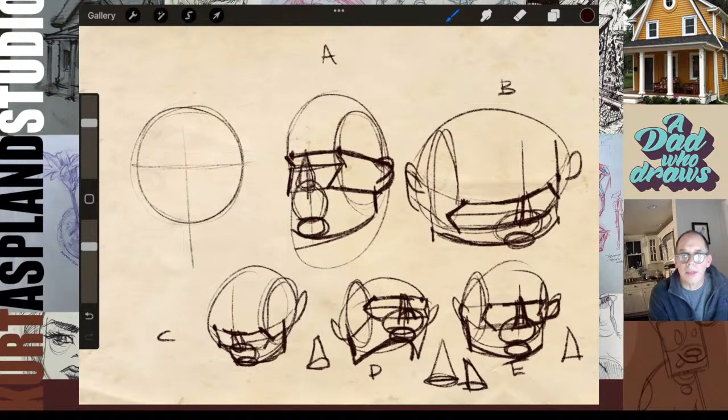And then our eyeballs sit right there at that intersection. And usually the center of those eyes, the pupil, will line up with the outer part of the ball of the mouth.